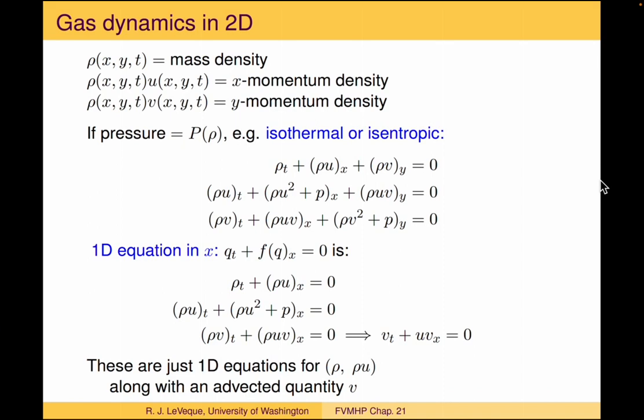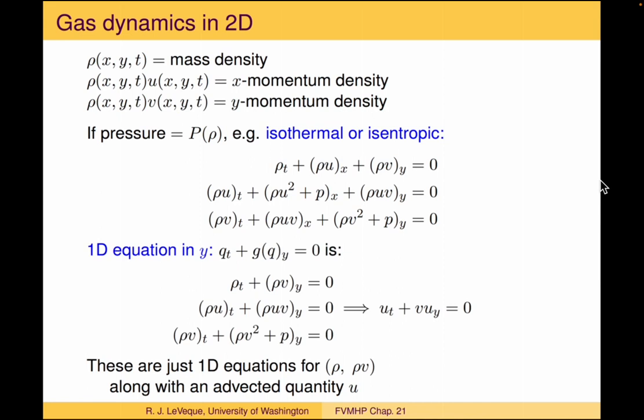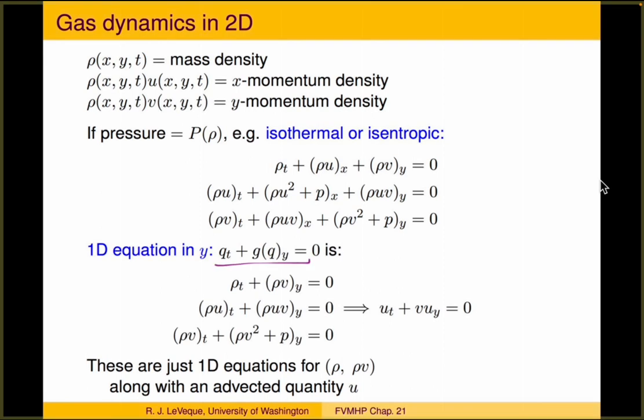And similarly, if we're solving the 1D Riemann problem in y, then we'd be looking at q_t plus g(q)_y equals 0, so we'd be dropping all of the x derivative terms. And then we have equations where the first and third equation really just look like the one-dimensional equations for gas dynamics, but where the velocity now is v, the upward vertical velocity. But otherwise, those have exactly the same structure as the one-dimensional equations.